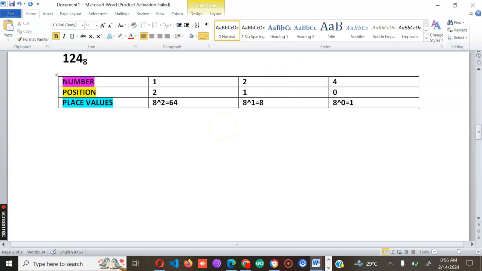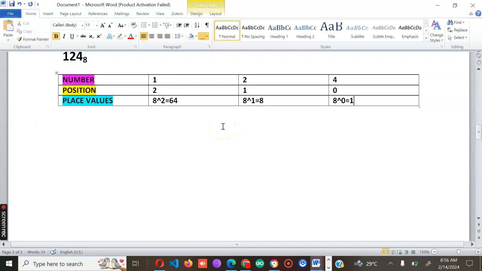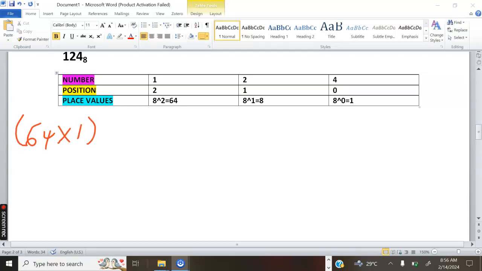Okay, so we have 64 multiplied by the number 1, plus 8 multiplied by the number, which is 2, plus 1 multiplied by the 4.